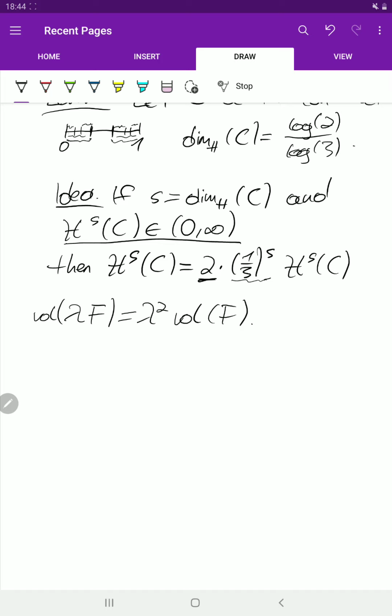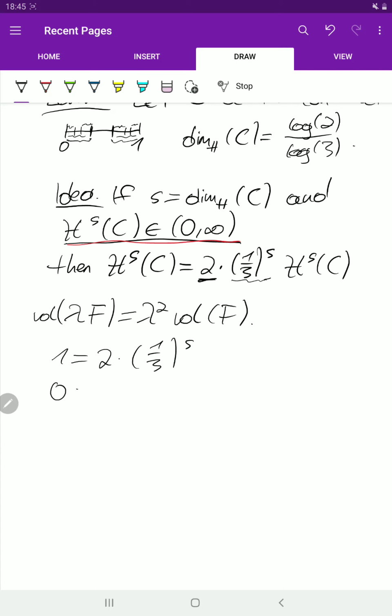And well, now here comes our big assumption, because this enables us to divide by the Hausdorff measure of C, so we get that 1 is equal to 2 times 1/3 to the s.